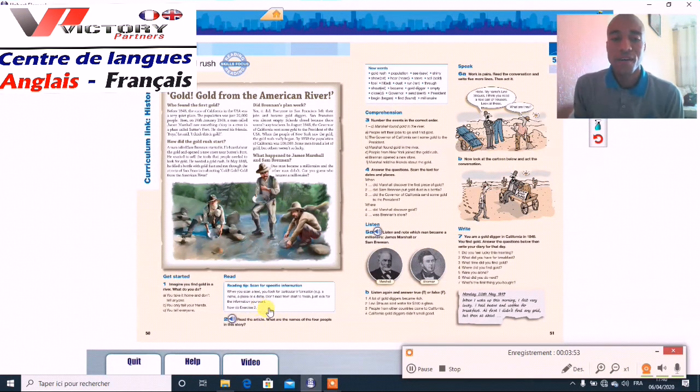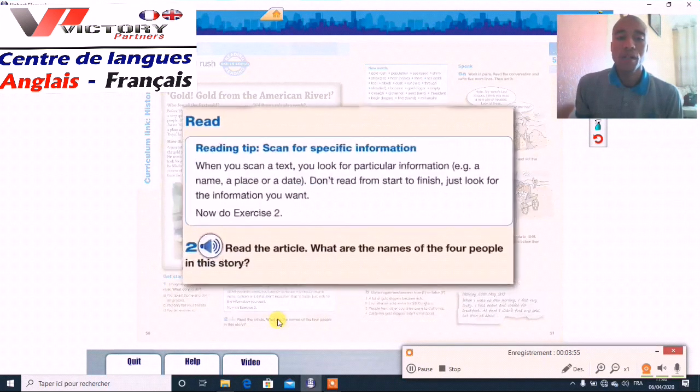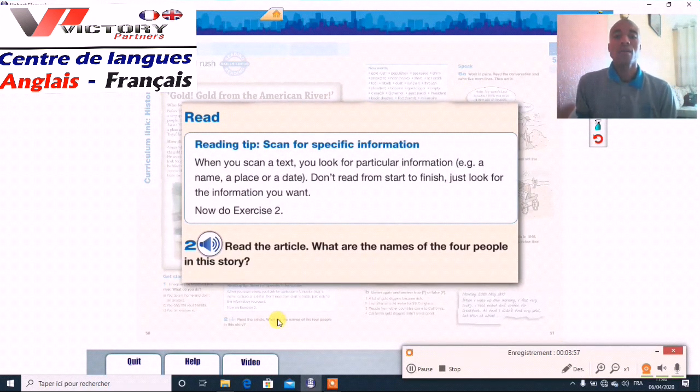Fine. Now, let's read question 2. It says, read the article. What are the names of the 4 people in this story? All right. This is what you are going to use to scan for specific information. So you don't have to read the whole text.